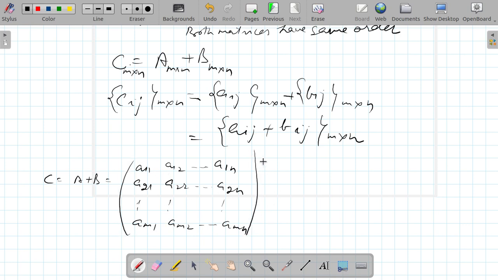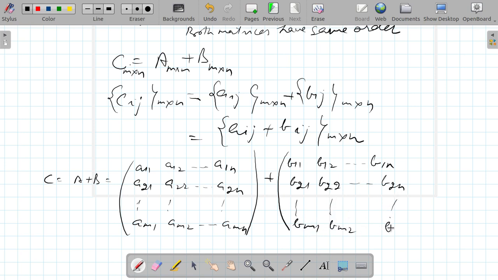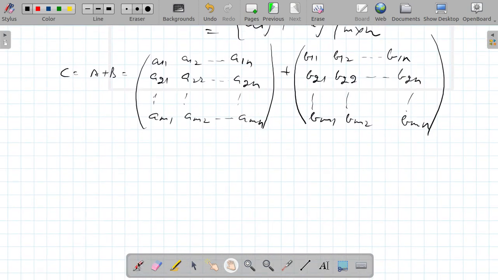This is the A matrix, and similarly the B matrix, another matrix, can be written as B11, B12, B1n, and B21, B22, and so on, B2n, and so on, Bm1, Bm2, and Bmn. Then their sum is basically the sum of the corresponding elements.